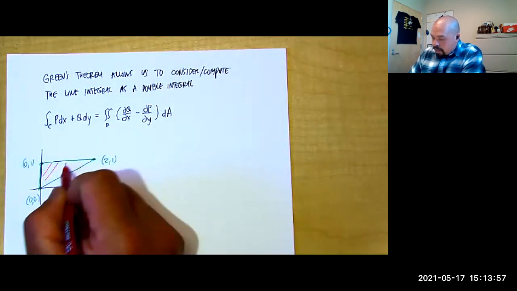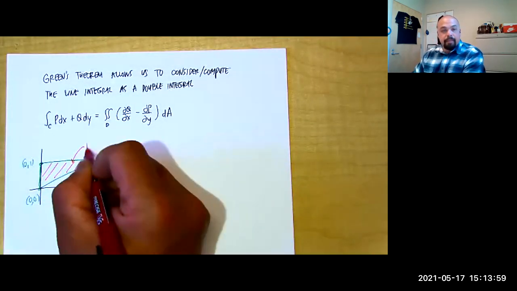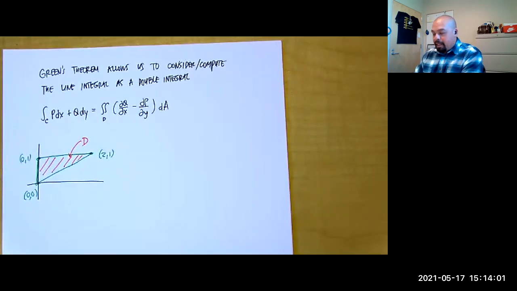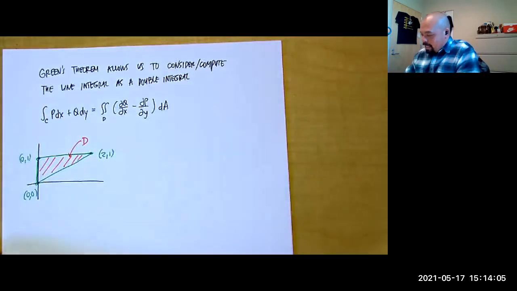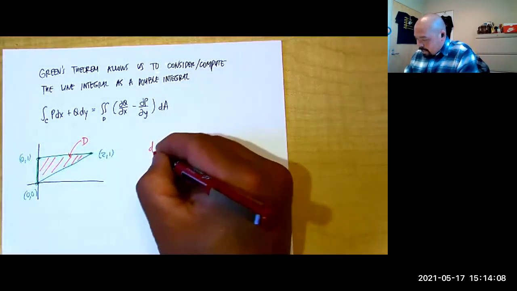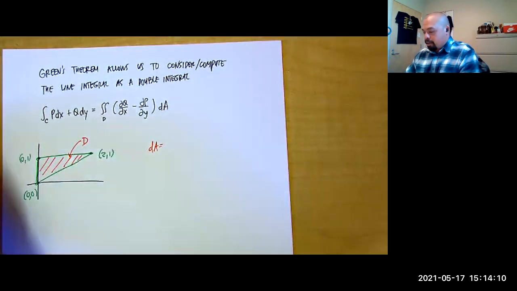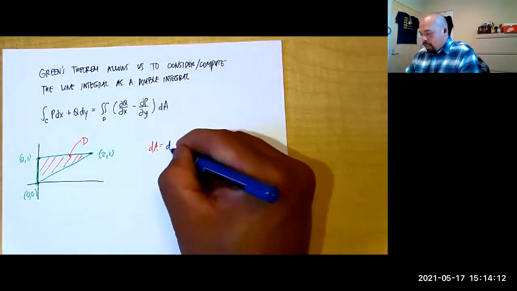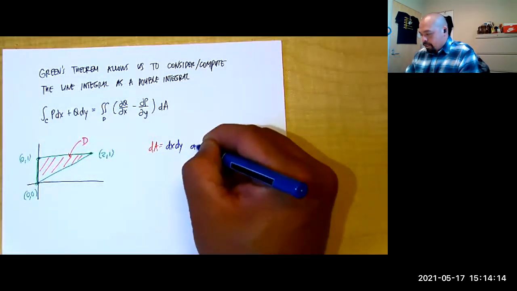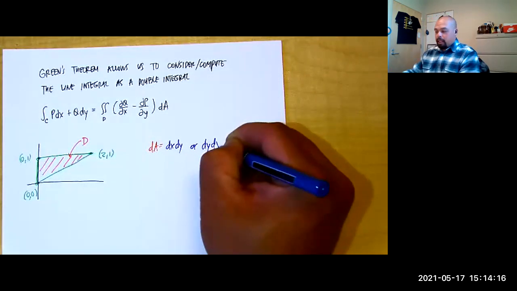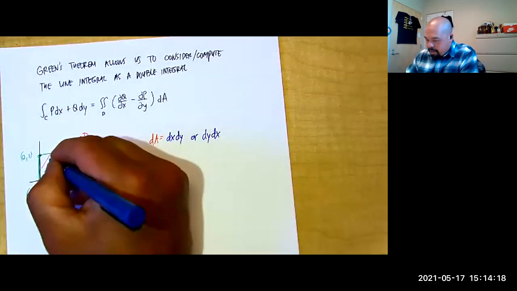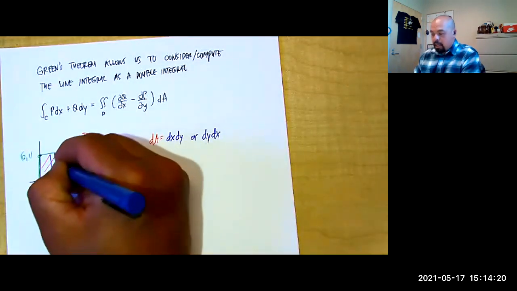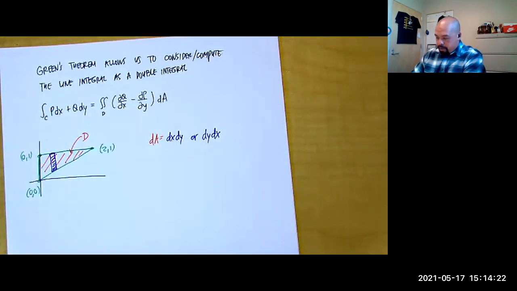But now we have this region D. And depending on how we want to organize that dA, we can rewrite it as either dx dy or dy dx, depending on how you want to organize it. In this case, again, out of common habit, we go vertically in that regard.